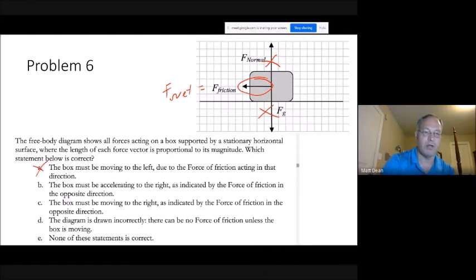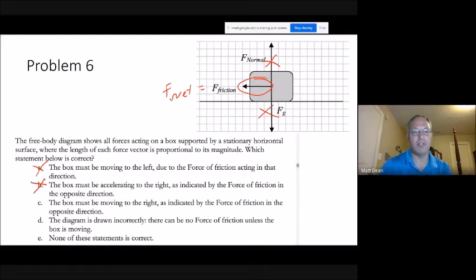So A, not correct. Choice B: the box must be accelerating to the right as indicated by the force of friction in the opposite direction. Well, we just got through saying that the net force is the frictional force, and it's acting to the left. Acceleration always happens in the direction of the net force, which means B cannot be right.